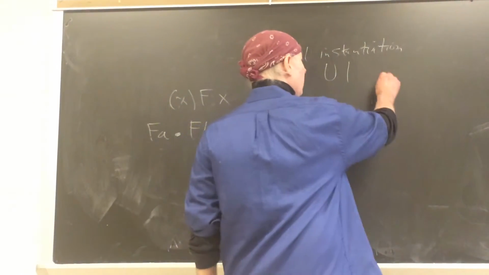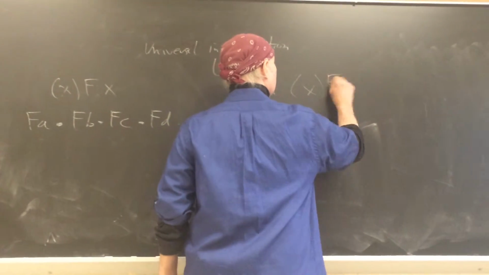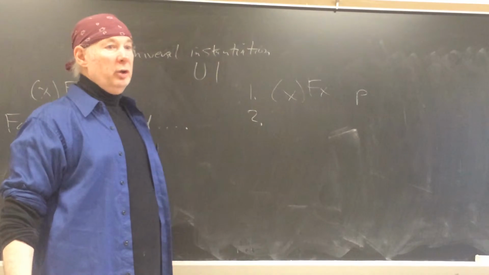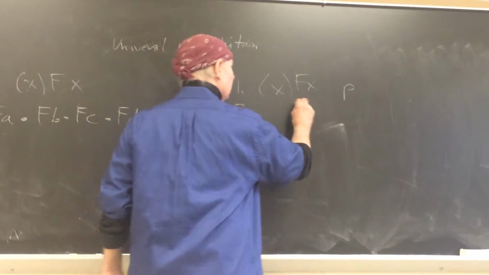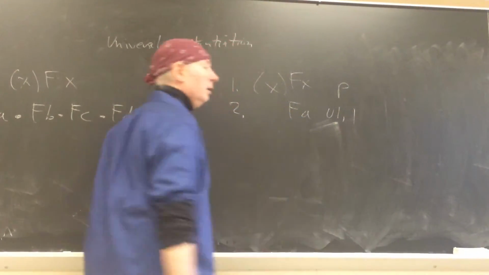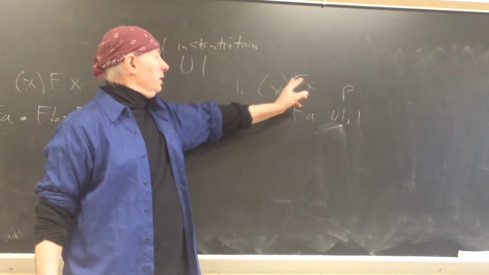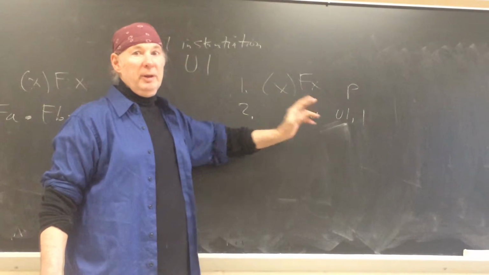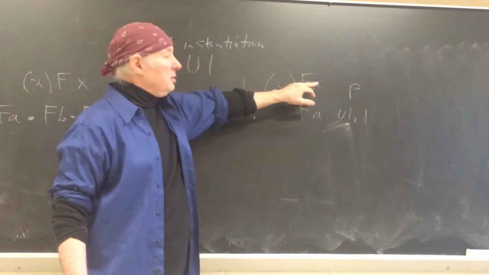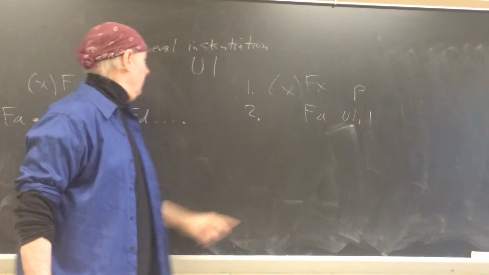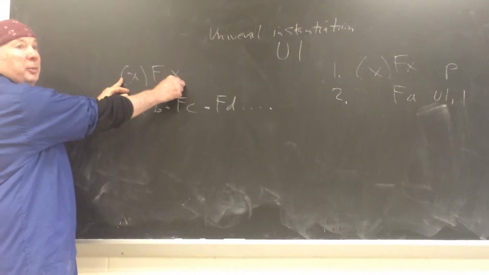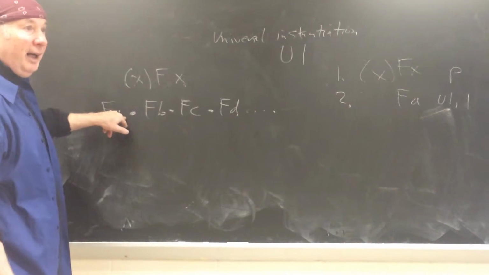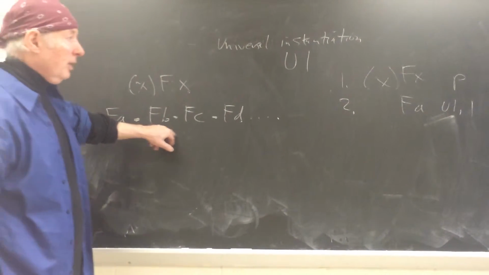So if you start with, as your premise, that, you can use UI to get rid of your quantifier and replace the X by the A. Because remember, that expression is equivalent to this. And so you can simplify out any component.